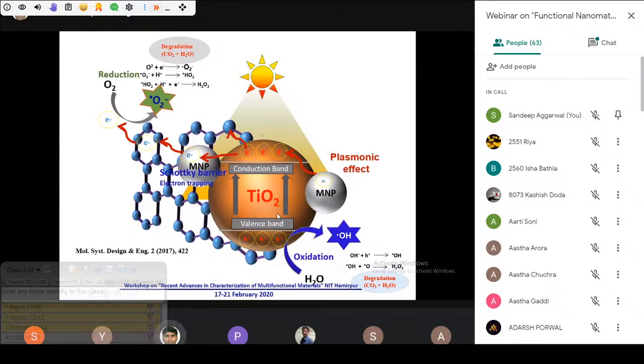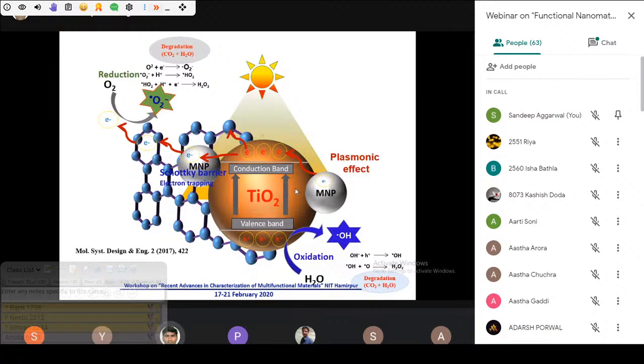So the reaction will be fast. As soon as it is irradiated with light, more and more electrons will be available and they will not recombine back. So the photocatalysis or any other related application will be very fast because of the presence of these materials.